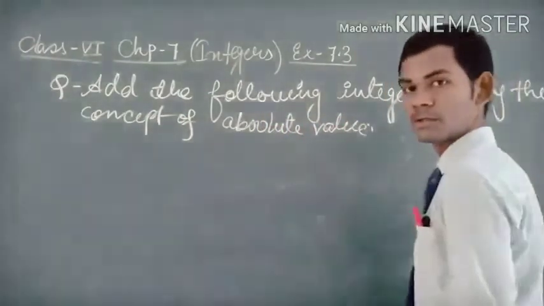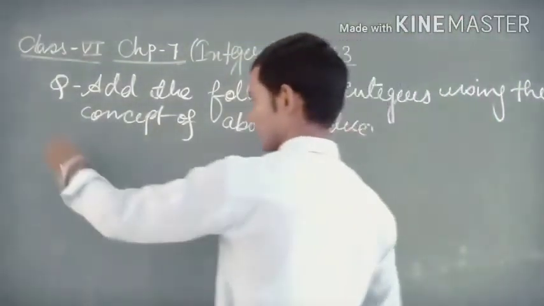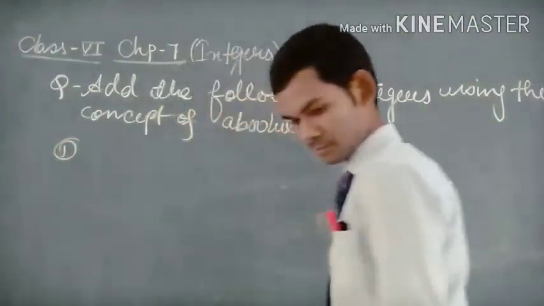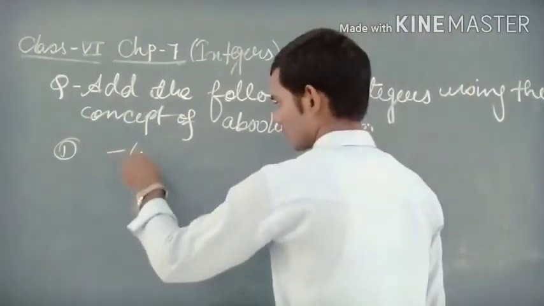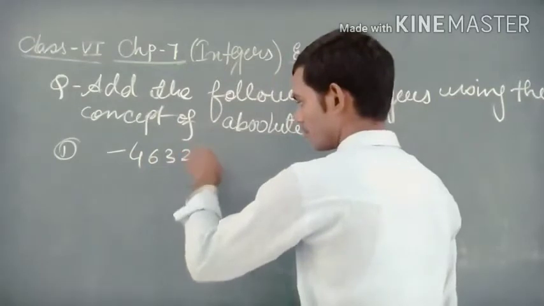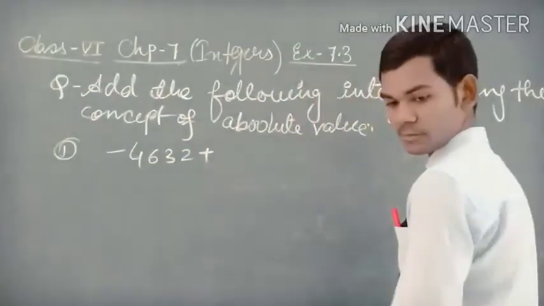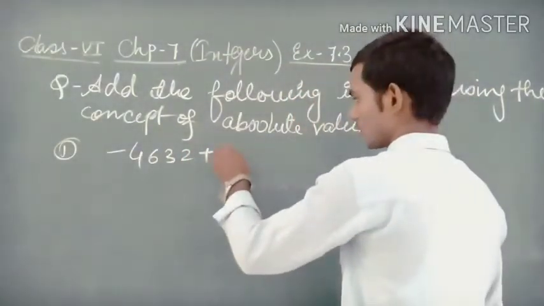Okay, so what is the question? Minus 4632 plus 2468.